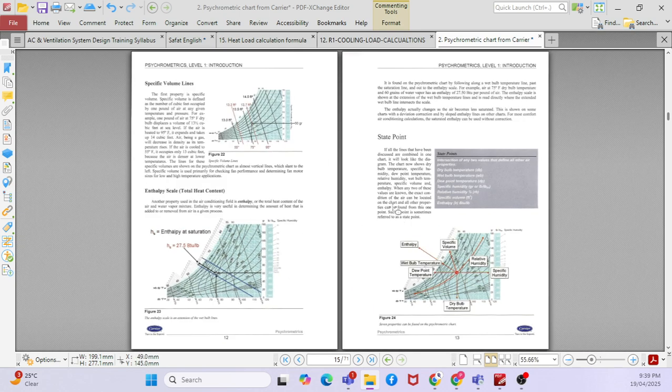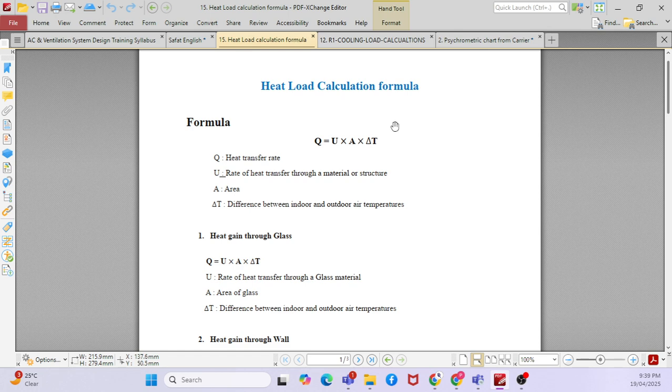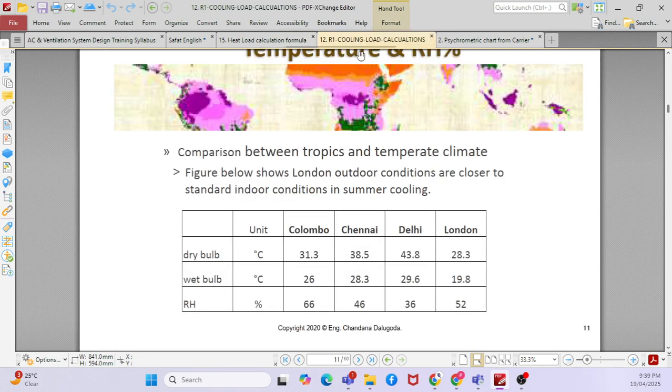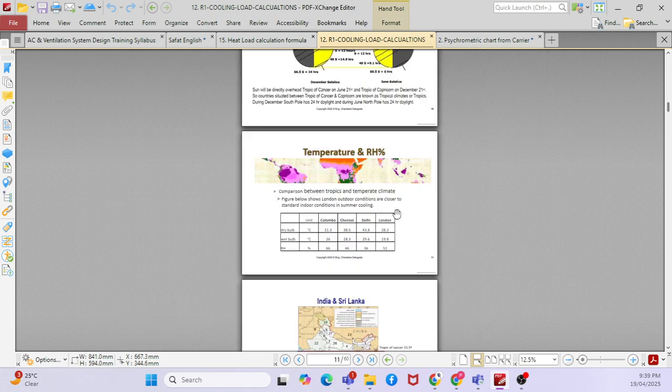After you read slowly, you will be able to understand what is a psychrometric chart, and how this psychrometric chart will help you to do the heat load calculations, right? If you know this particular equation, you can do the thermal load calculations, right?